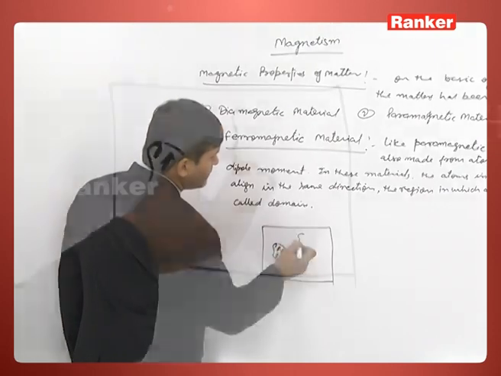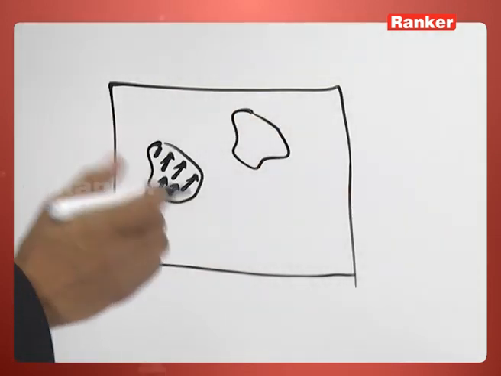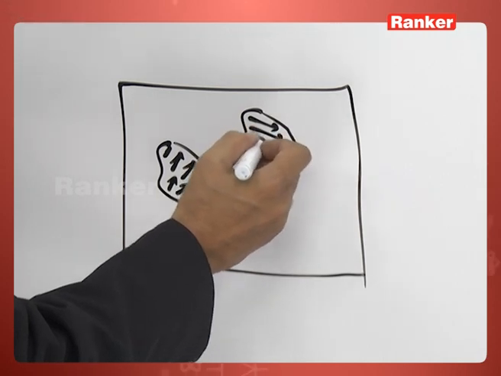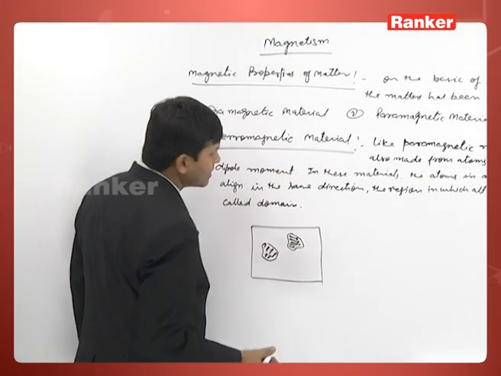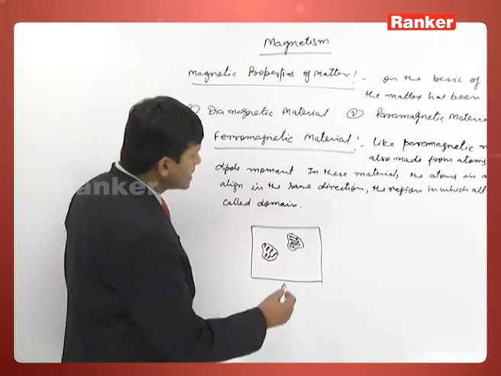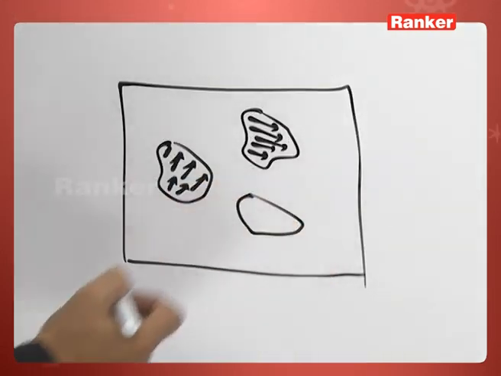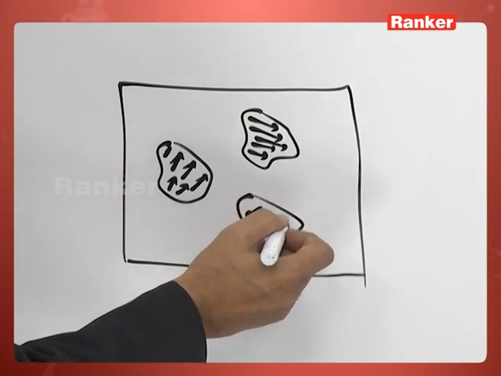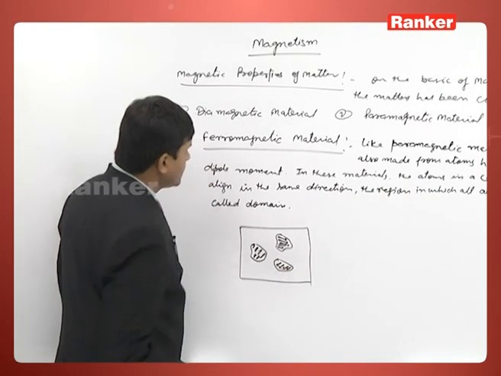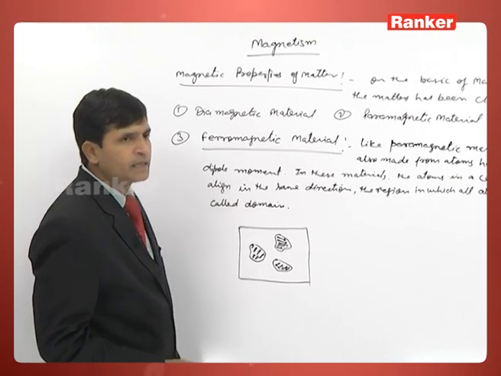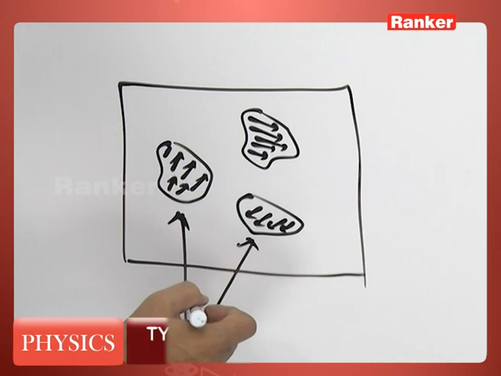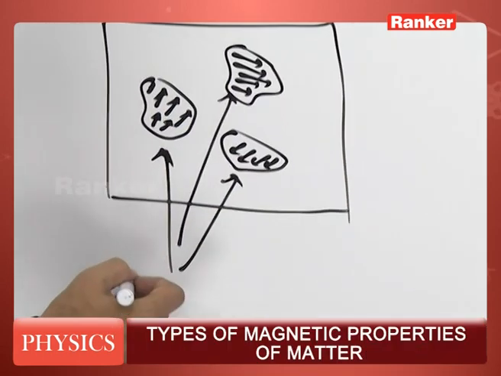Similarly, if we have another such region, in this region also all atoms have dipole moment in one particular direction. Similarly, a third region, here also all atoms have the dipole moment in one particular direction. So these all are called domains.